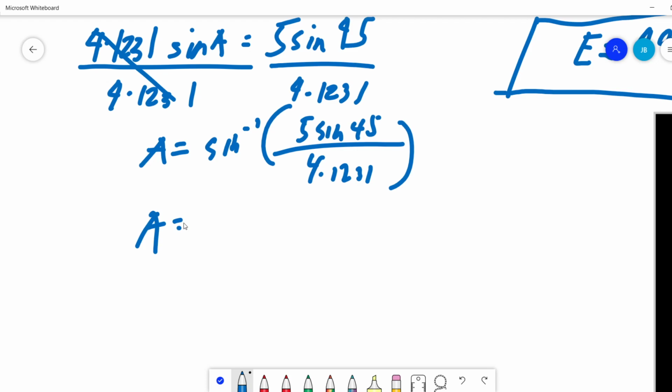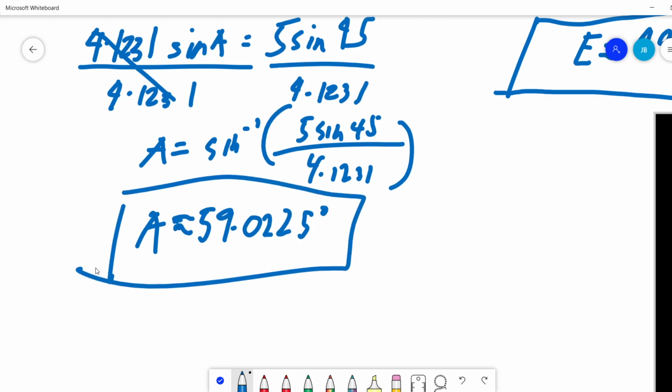In class, if you don't know how to do arc sine, in your calculator, you just press shift, then sine. So that would be 5 sine 45 all over 4.1231. Therefore, angle A would be approximately 59.0225 degrees. All right.